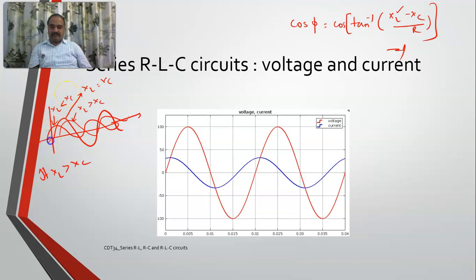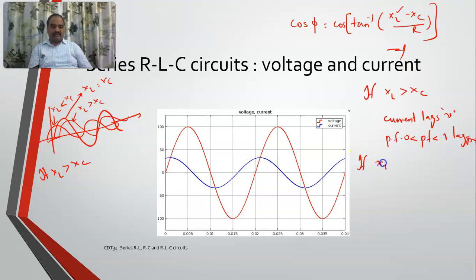So see, the power factor is going to vary if I vary the values of R, L and C. It all depends upon your magnitudes of L and C, literally speaking. That's why I write it here. If XL is greater than XC, then your current lags voltage. So the power factor will be between 0 to 1 and it will be lagging.